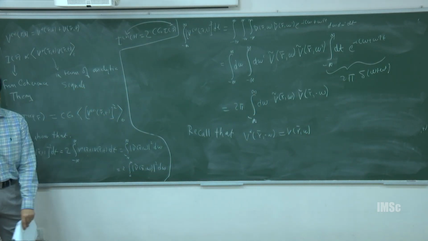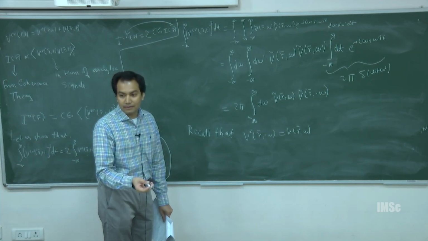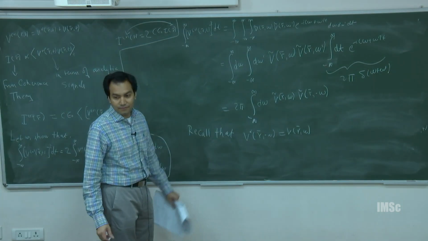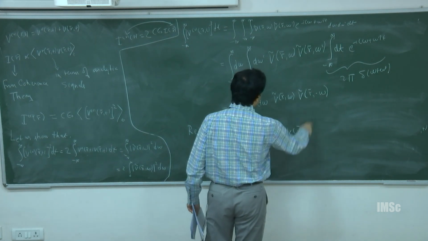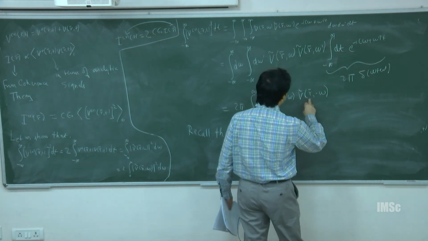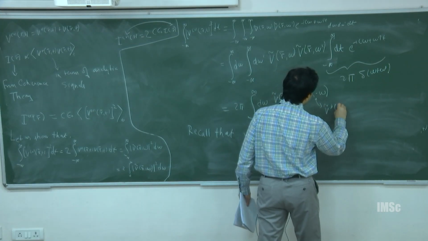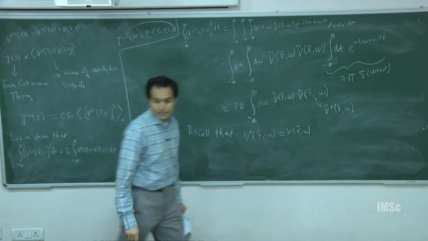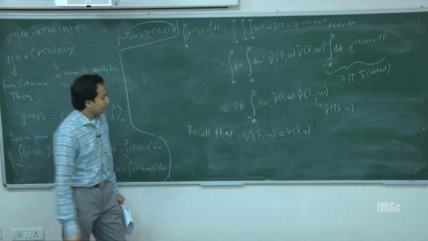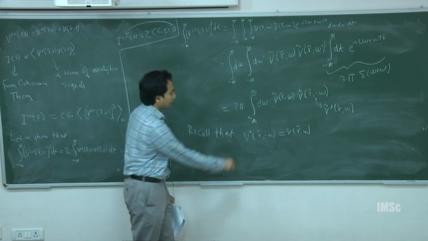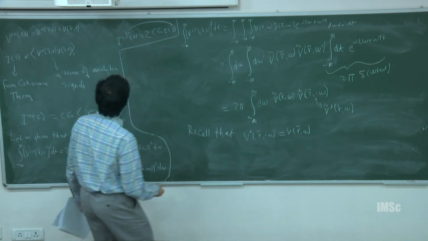X conjugate of minus omega is the same as X of omega, because the positive frequency part contains as much information as the negative frequency part, right? So we are just going to enforce that one here. So this means V of R, minus omega is the same as V conjugate of R, omega, right? It just follows from this property. Just conjugate this once again and you get that one. Okay, so what does it give us?